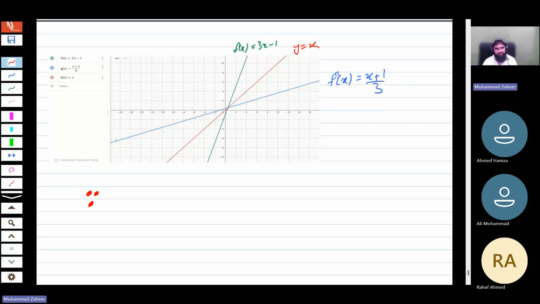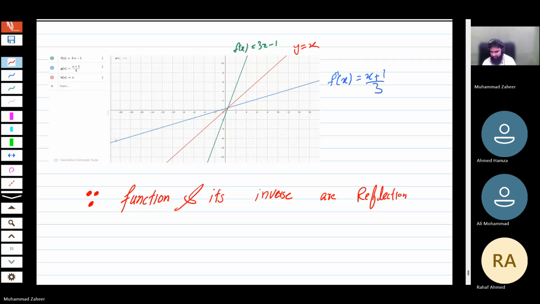All right. Now the important point is, for example, if you have a function and its inverse, they are reflections of each other in the line y is equal to x.